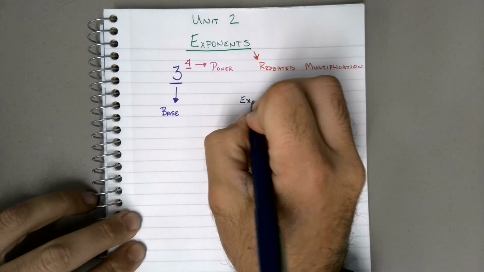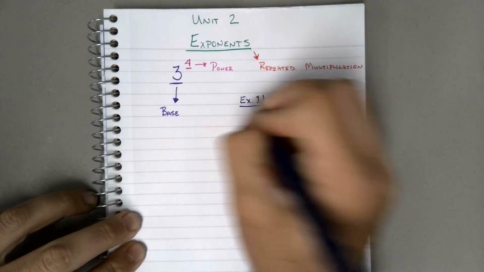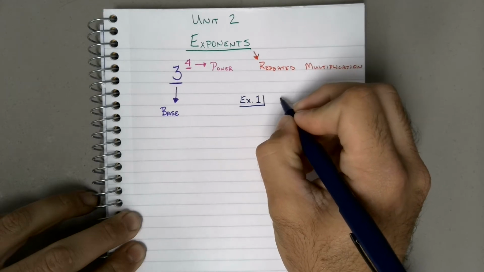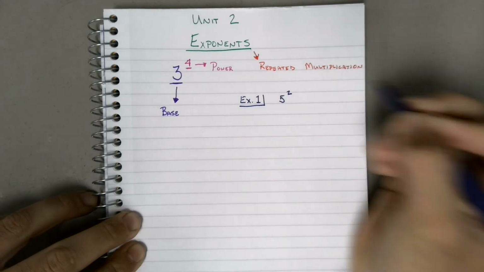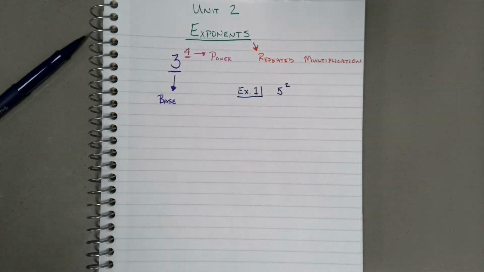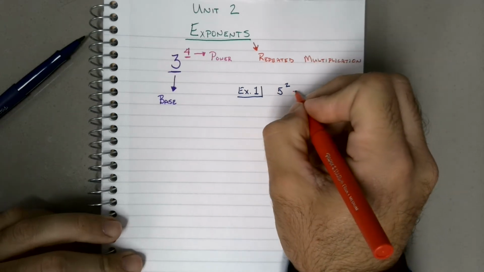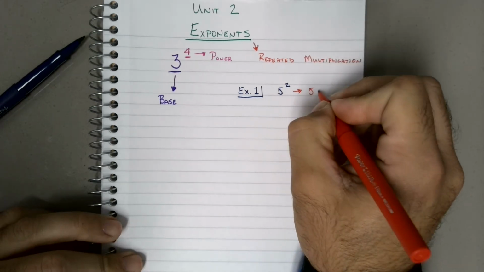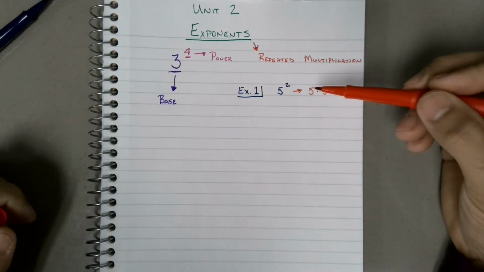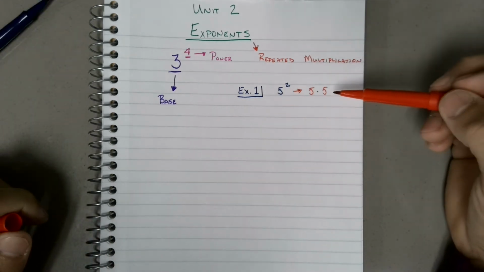So example 1, let's say that we have 5 squared. Okay, so what would that look like? This would be 5 times 5. So 5 squared is 5 times 5. You multiply 5 by itself twice.